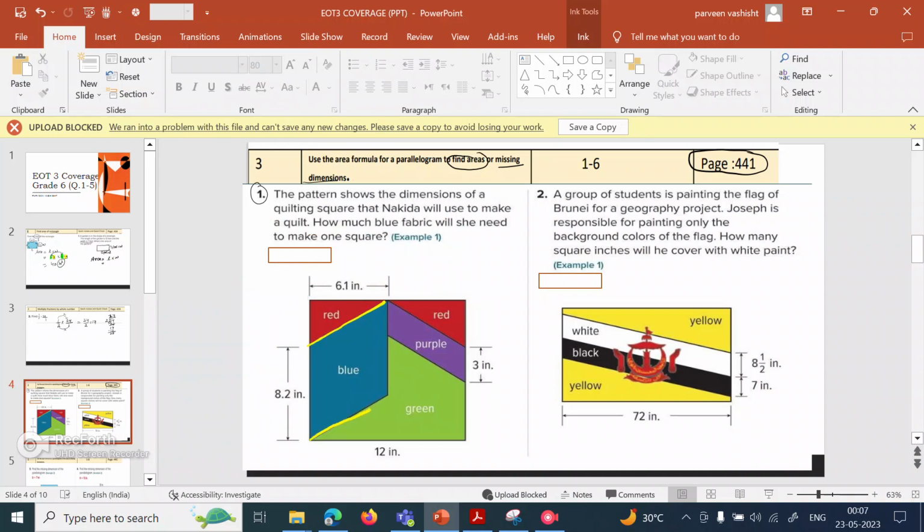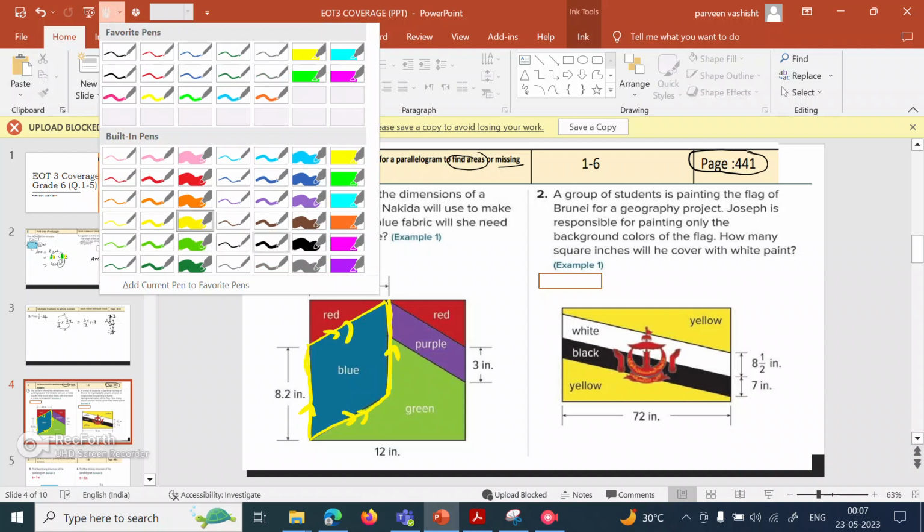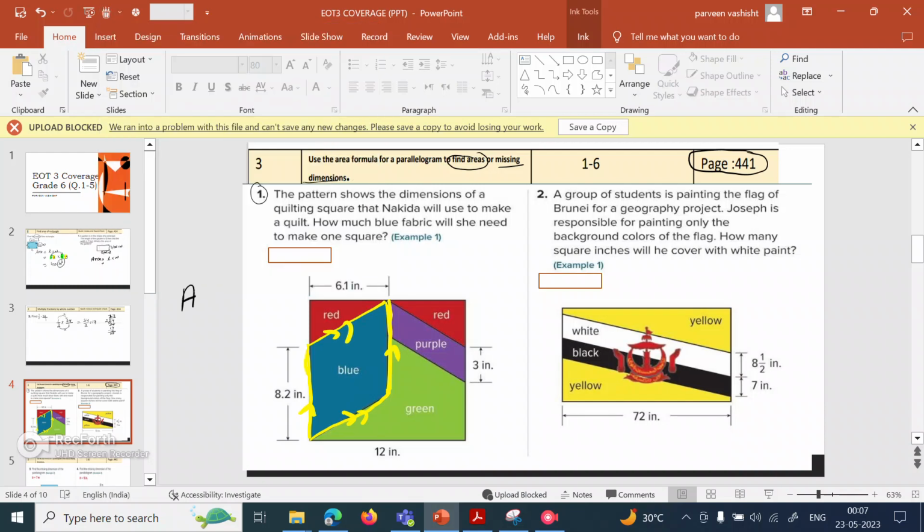What shape are you getting in the blue? You are getting a parallelogram. Okay, girls, this is a parallelogram. Now, do you remember what the area of a parallelogram is given by?